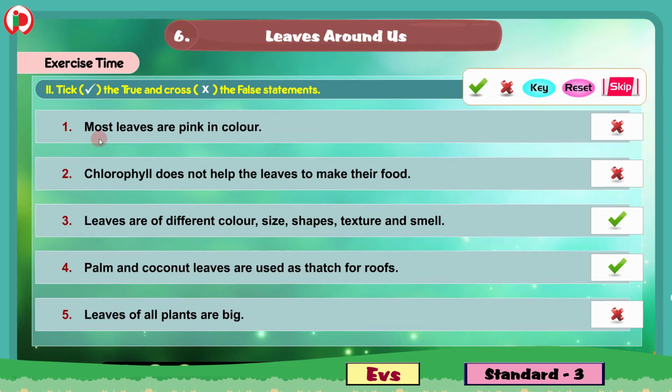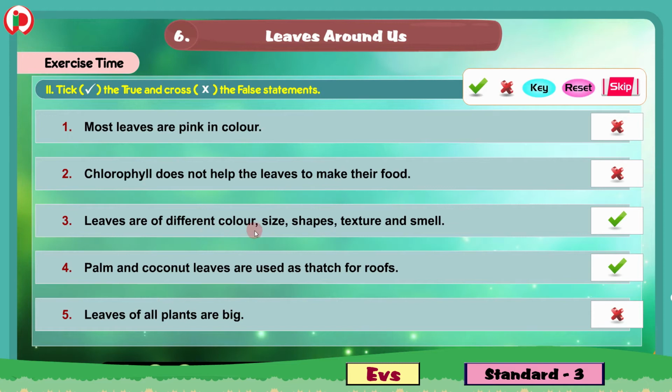So children, this is about the true and false statement. 1. Most leaves are pink in color. This is a wrong statement because most leaves are green in color. 2. Chlorophyll does not help the leaves to make their food. This is a false statement because chlorophyll does help the leaves to make their food. 3.